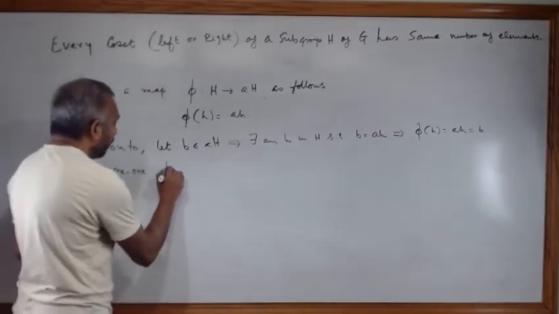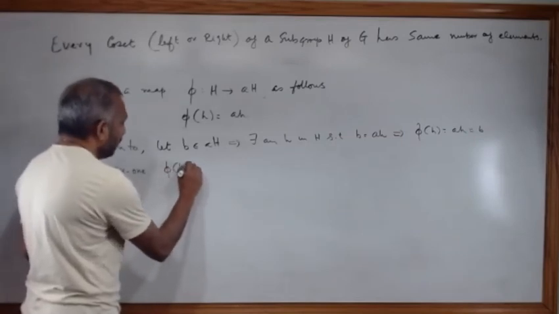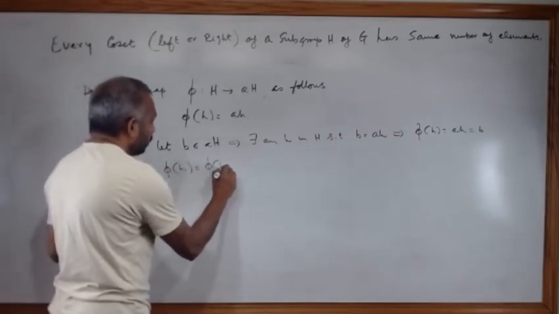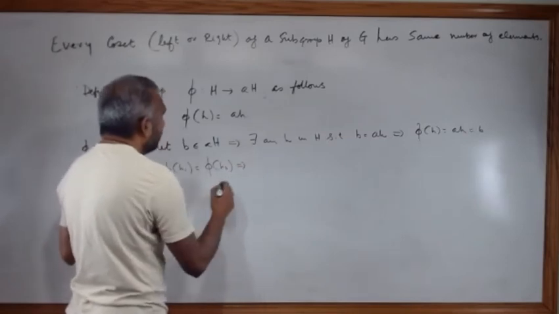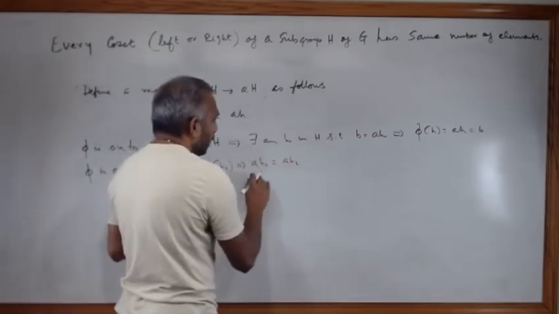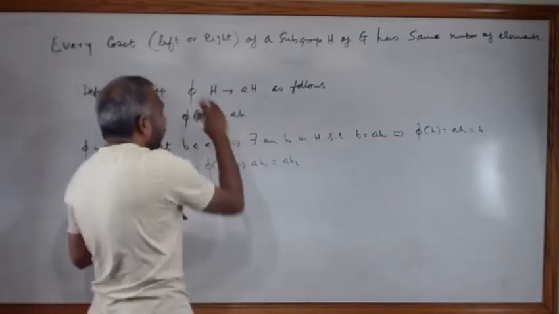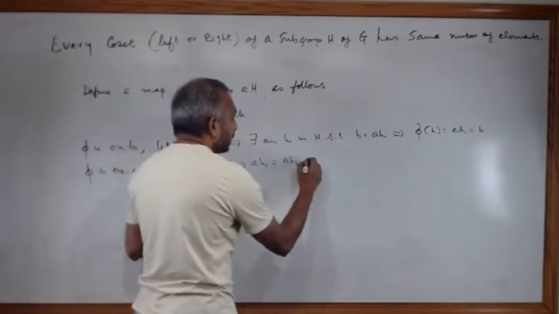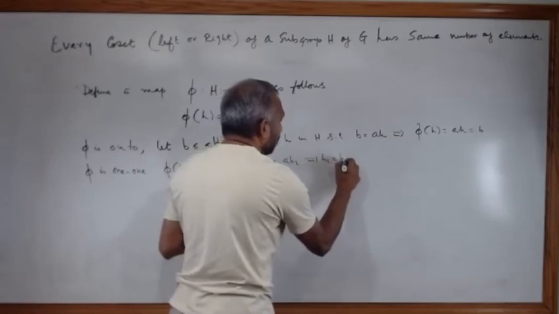And phi is one-one, because phi of h1 is equal to phi of h2 implies ah1 is equal to ah2, and these are in a group, so left cancellation implies h1 is equal to h2.